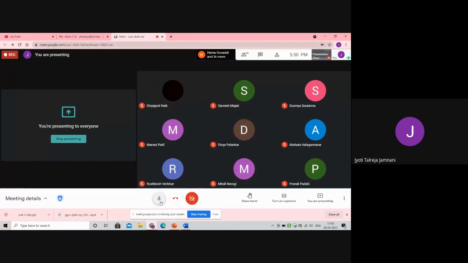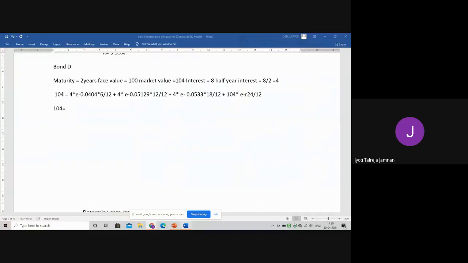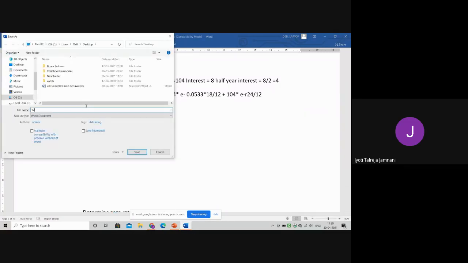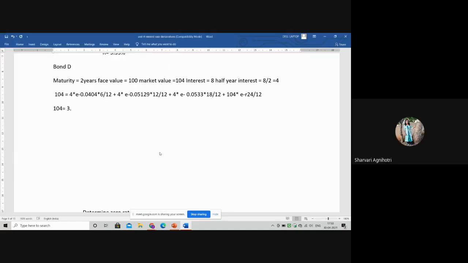We're doing it for bond D. Let's see. So the present value is, if I have got it, 3.92. Are you also getting it as 3.92?